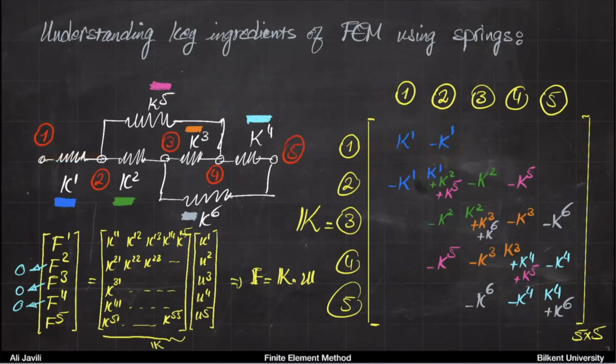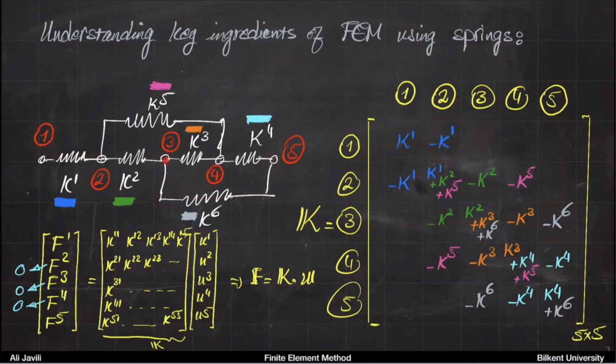Or here, this is 3, 5. It is non-zero. It tells you between node 3 and node 5, there is a spring. So here you have a 0. That 0 means that between point 1 and point 3, there is no spring. And you can see there is none.